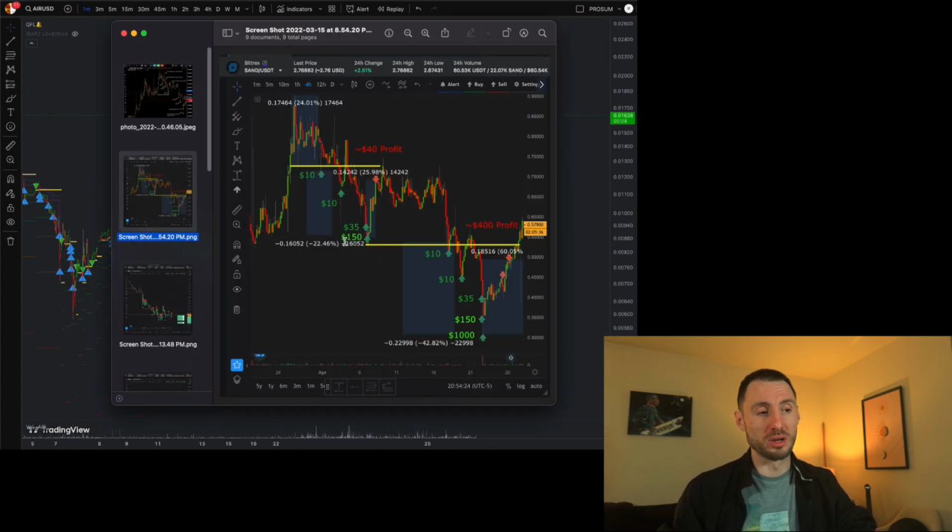But here's the most important thing is these are the important numbers right here. The bounce was 24%. The drop was, in this case, 22%. And then in this case, the drop was 42%, a 42% drop from this particular base, okay?